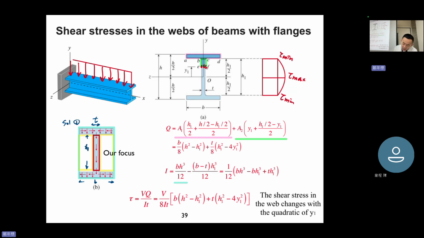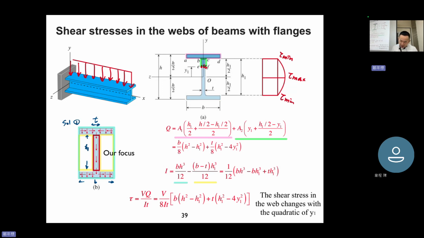And minus the yellow part, B minus T, so it should be the two yellow parts times h cubed divided by 12. So it's easier. It becomes this. So this is an easier way to determine the I of the I shape.